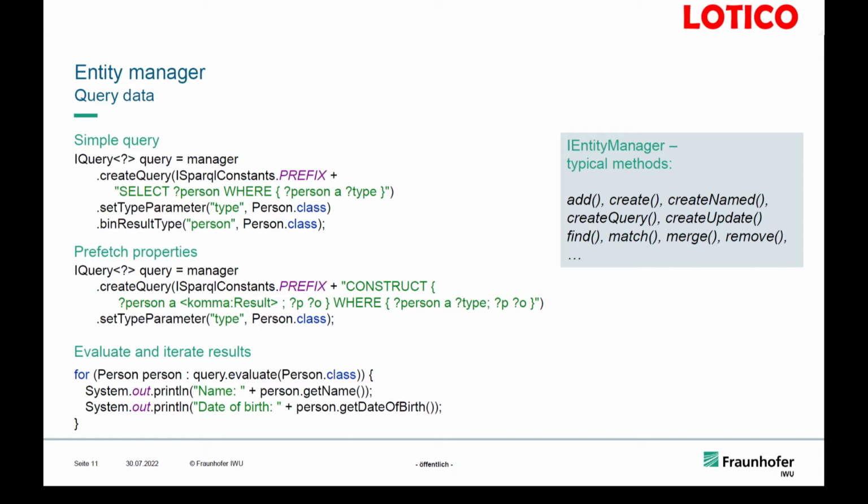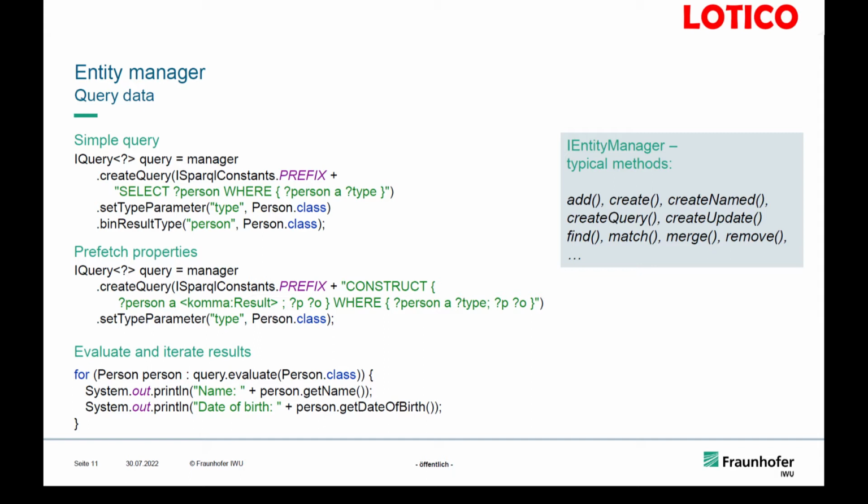KOMMA has also facilities for prefetching properties. KOMMA doesn't try to be very smart, so it leaves the prefetching of properties to the user. Usually you would get person instances from such a query, and each property access of person requires a single SPARQL query. But if you know you will access some properties of the person in the next step, then you could use prefetching.